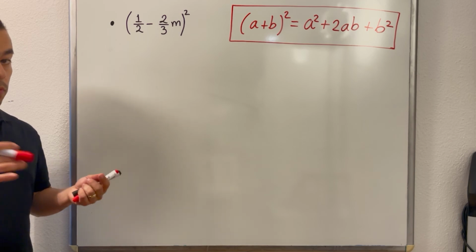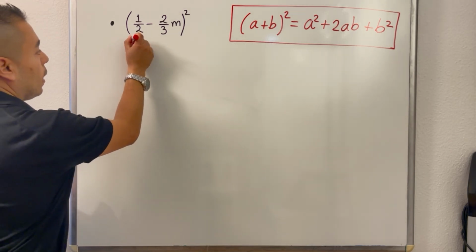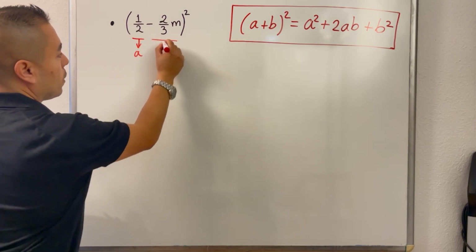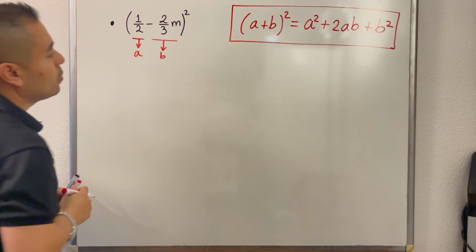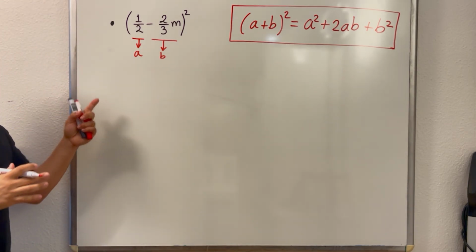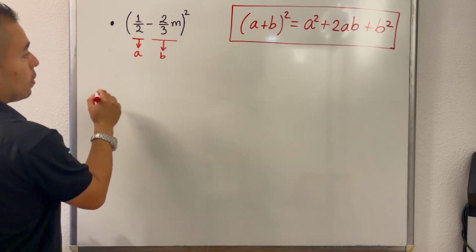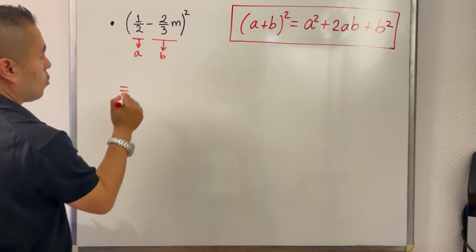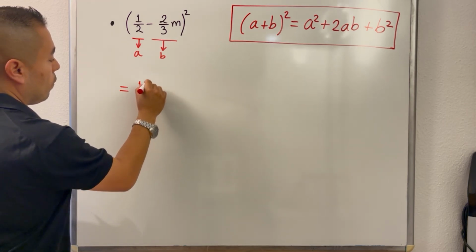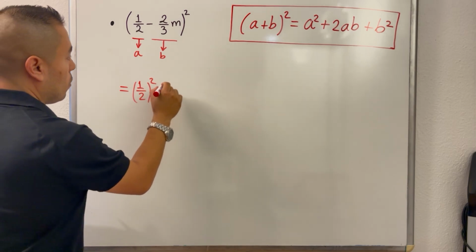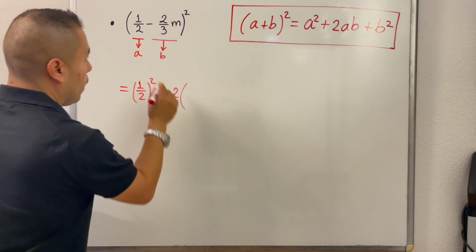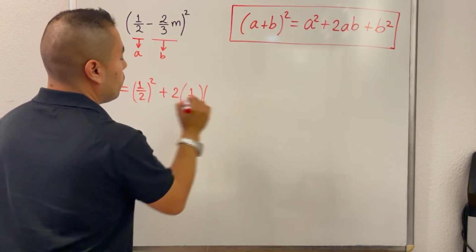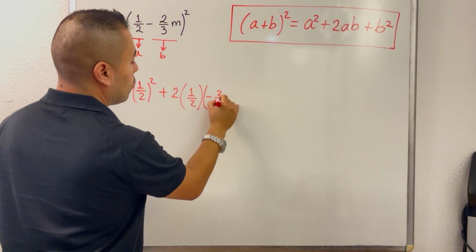So the same as before, we can consider here that this is A and the minus 2/3 m is B. So if we just apply the formula that is over there, we can say that this will be equal to the first term, A squared, this is 1/2 squared, plus 2 times A, that is 1/2, by B, that is minus 2/3 m.